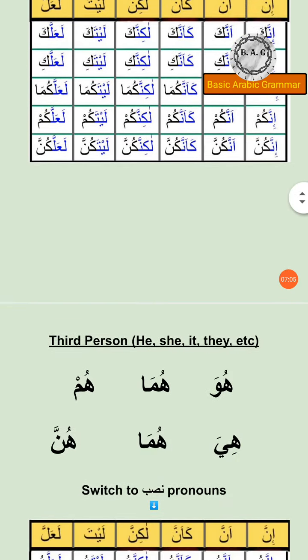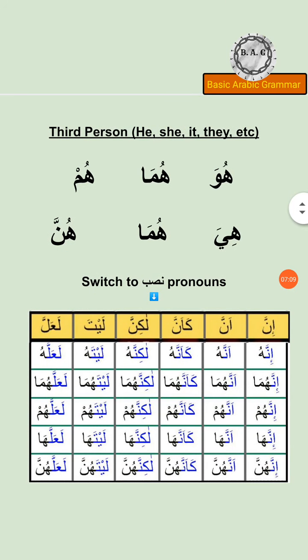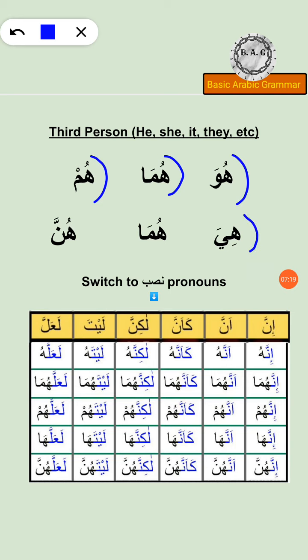Same is the case with the third person pronouns, he, she, it, they. We have the rafa pronouns as huwa, huma, hum, hiya, huma, hunna. He, both of them, all of them, and this is of course for masculine, and this is for feminine. Hiya is she, both of them, or both of those females, and hunna is all of them, females.